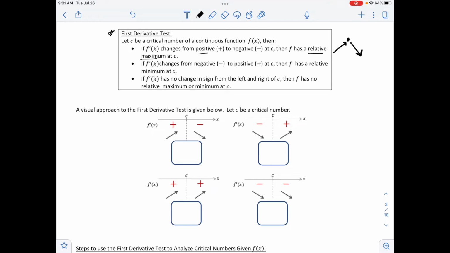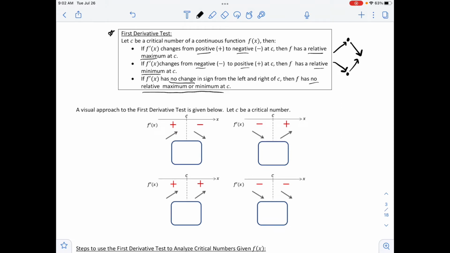And likewise it says if our derivative changes from negative to positive, so going from a negative slope to a positive slope, it's going to have a relative minimum at C. The third one says if a derivative has no change, so it stays from positive to positive or negative to negative, then no relative max or min will occur at C.